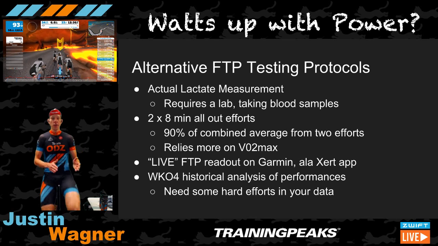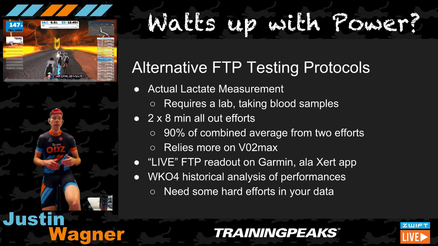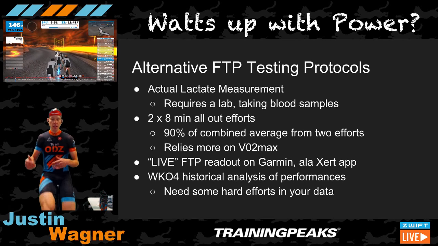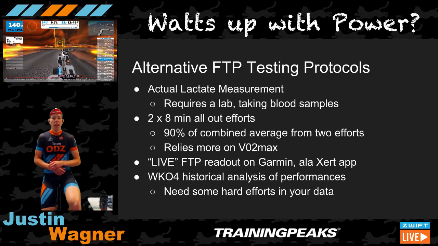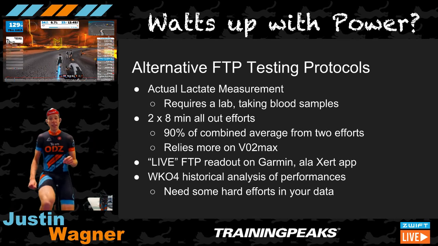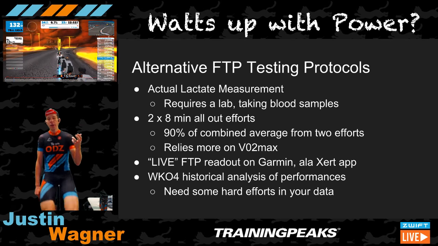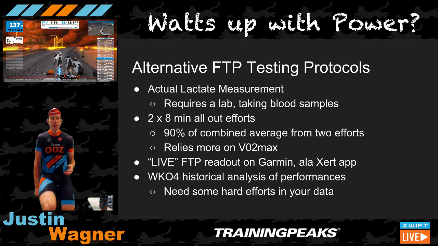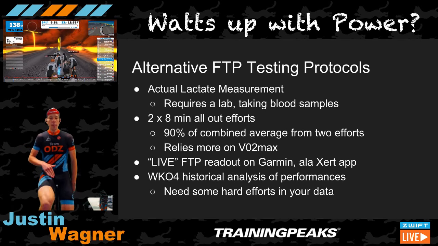You're going to go all out for 8 minutes, best average power, you'll rest, and then you'll do it again. They'll take the average of those two efforts, and this time they're going to take 90% of the number, because as you can imagine, you can hold higher power for 8 minutes than you can for 20 minutes. So that's why it bumps down to 90.